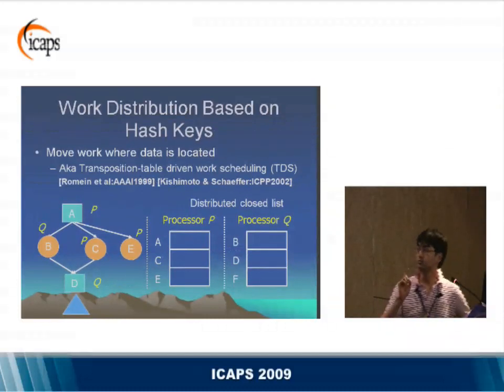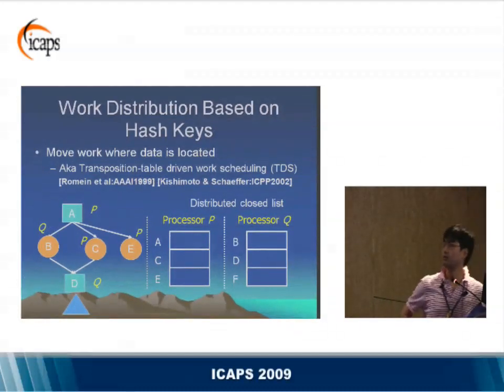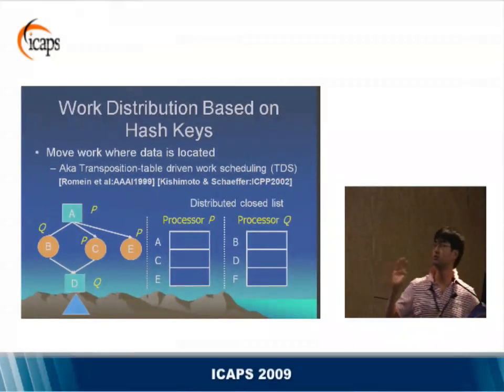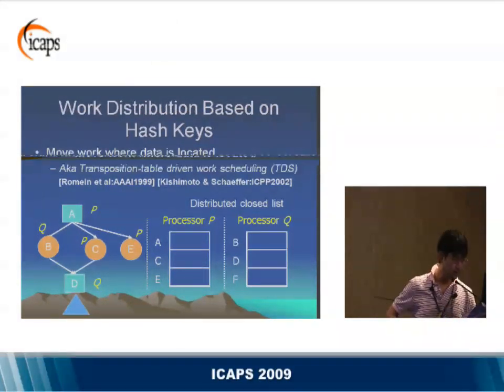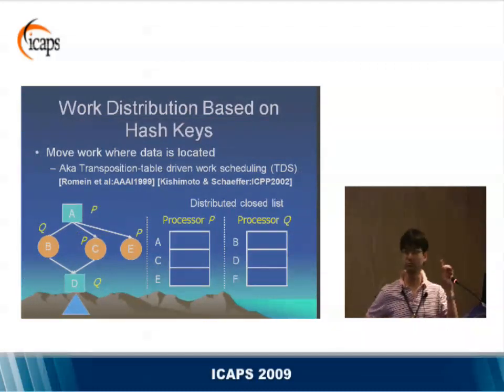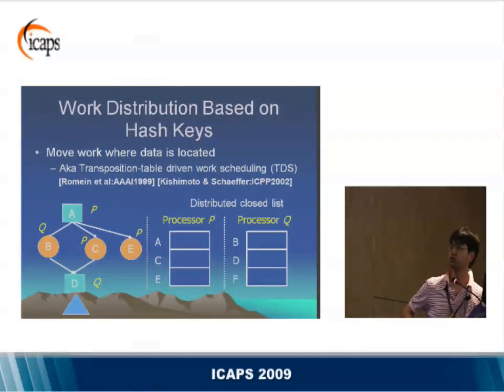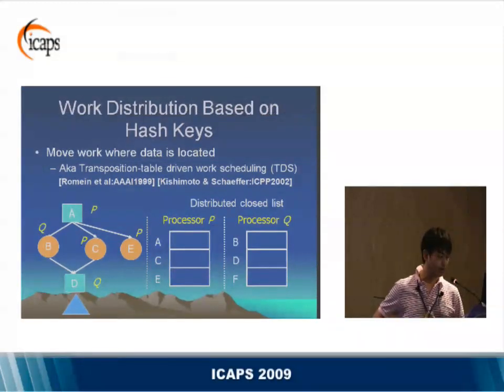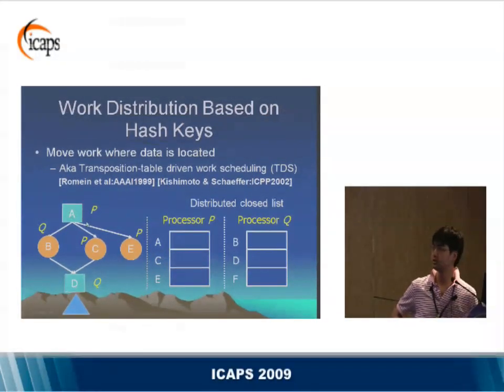Okay, let me explain that with this example. We can still use the distributed closed list, like that. And then we change one rule about the work distribution strategy. A must be searched by processor P, because A's information must be located here.